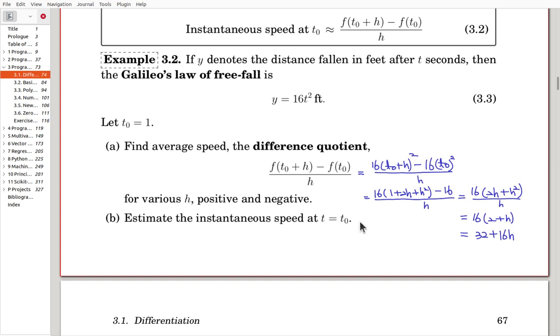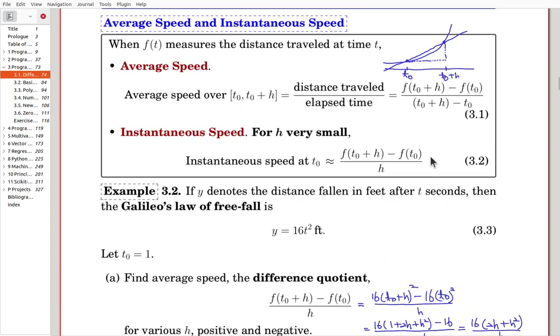So we can estimate the instantaneous speed as 32, because this term will approach 0, so that the middle term is 32. So the estimated instantaneous speed is 32, which is the same as the slope at this point, right?